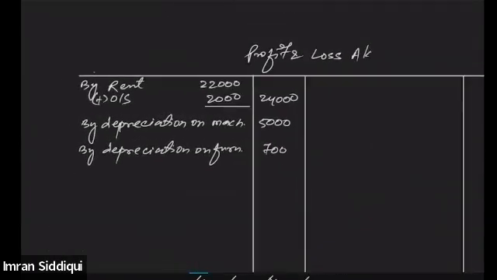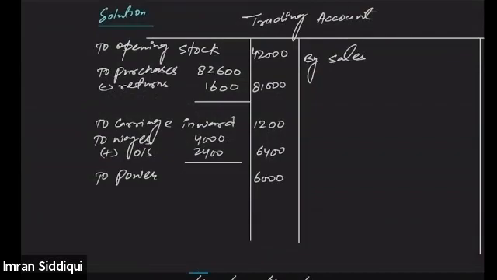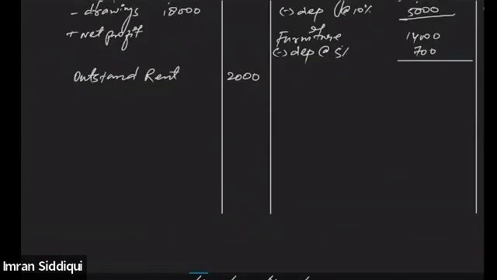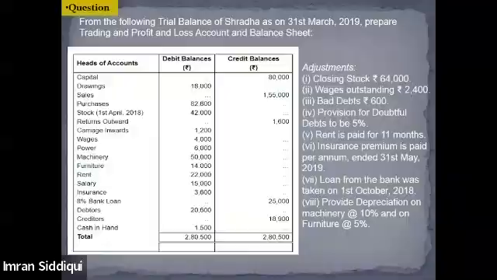And there was one more outstanding expense. Yeah, outstanding wages, 2,400.